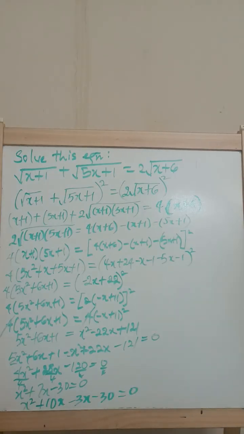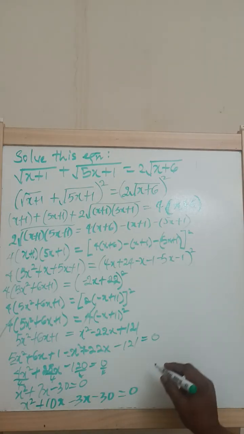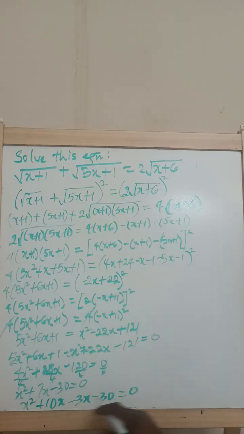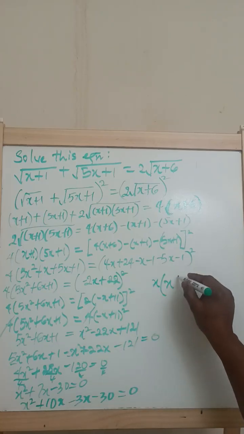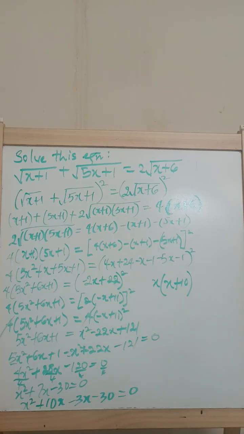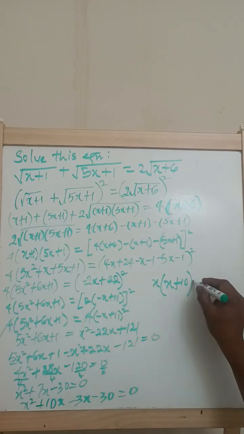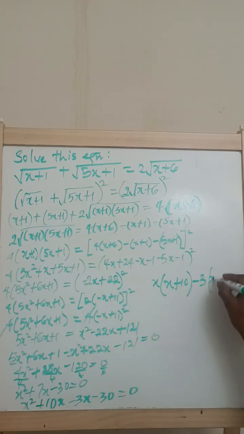So this is now going to be, factorize these two out, that will be x into x plus 10. And this minus 3 is common here, bring it out. So that will be x plus 10.